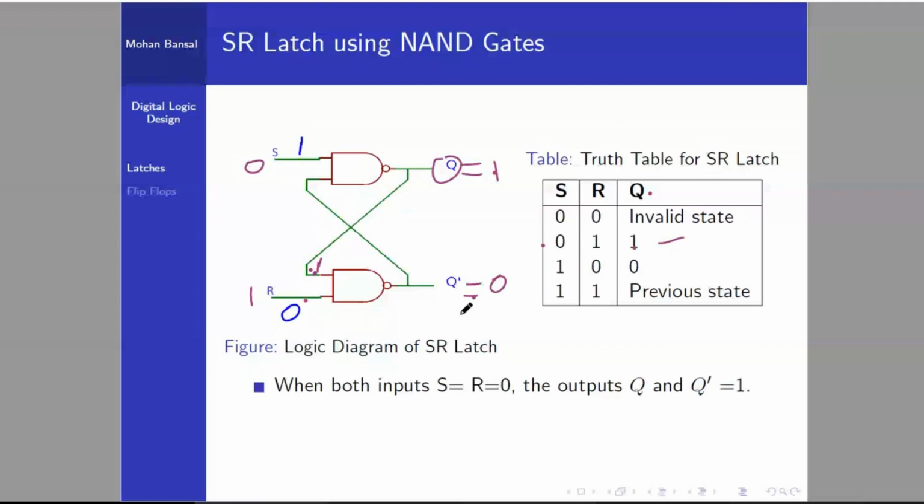We can observe it directly, because the output depends on the value of the input at this point. Here we can conclude that if one input is 0, the output will definitely be 1. So this is 1 and this input is 1. Obviously we will get 0. So for S is 1, R is 0, we are getting 0 here.